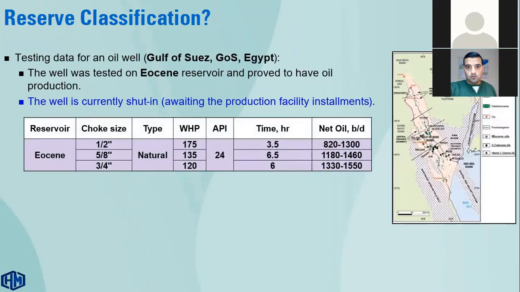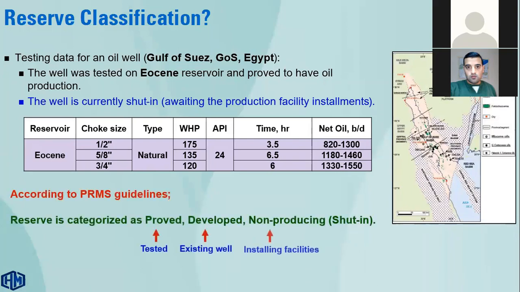This is a field example for reserve classification. We have testing data for this well in the Gulf of Suez, Egypt. And this is the testing data in the reservoir. This well is currently shut in because we are waiting for the production facility installation.